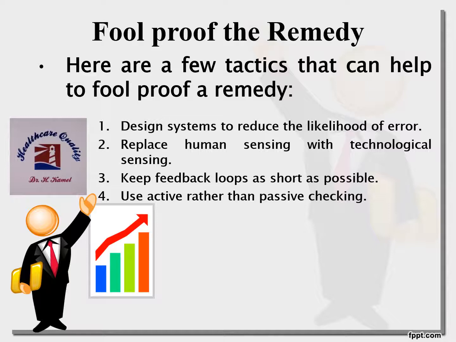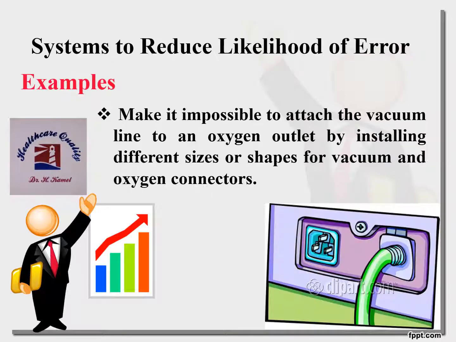Foolproof the remedy. Here are a few tactics that can help to foolproof a remedy. 1. Design systems to reduce the likelihood of errors. 2. Replace human sensing with technological sensing. 3. Keep feedback loops as short as possible. 4. Use active rather than passive checking. Systems to reduce likelihood of error.